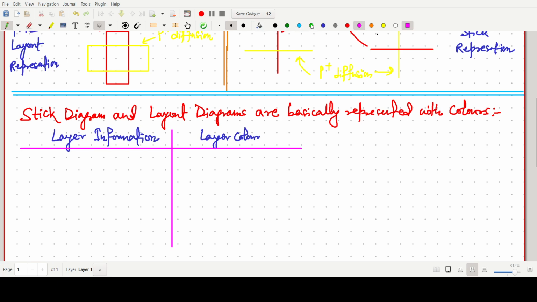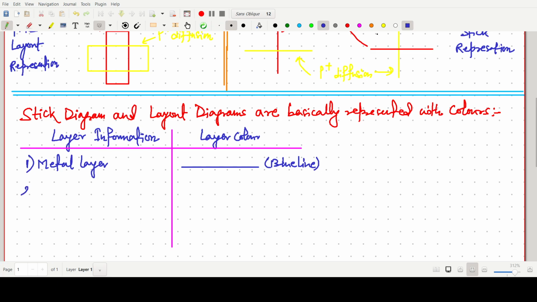So the very first thing in any CMOS circuit is our metal. The metal layer information is represented with a blue line, a blue straight line. So I am writing in blue.